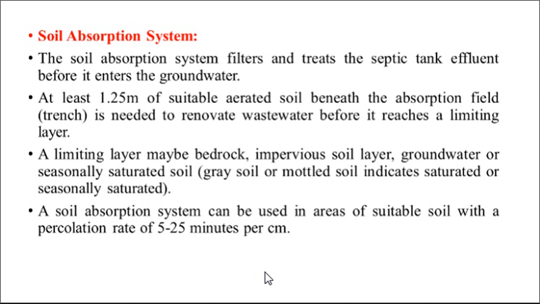A limiting layer may be a bedrock or impervious soil layer, or groundwater, or seasonally saturated soil. A soil absorption system may be used in areas of suitable soil with a percolation rate of wastewater through the soil between 5 to 25 minutes per centimeter.